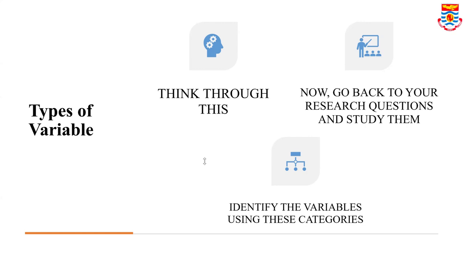When you're able to see that, your next level of thinking is: which one of them is my dependent and which one is my independent? If you're able to do this categorization, then you can have a smooth run when you are interpreting the results. This is where I want to end today, except when you have questions.